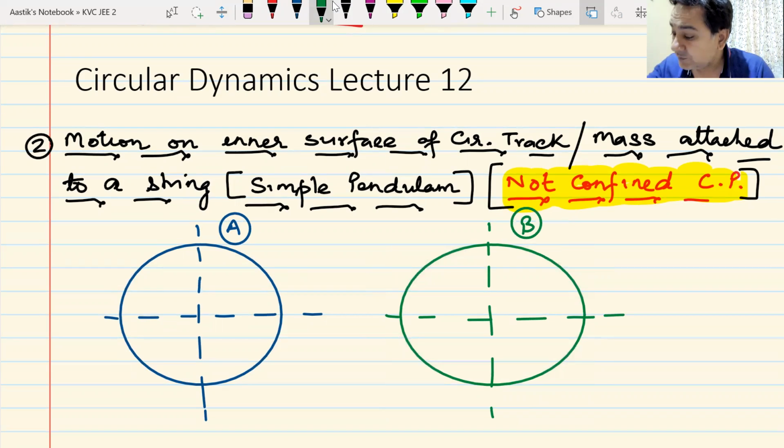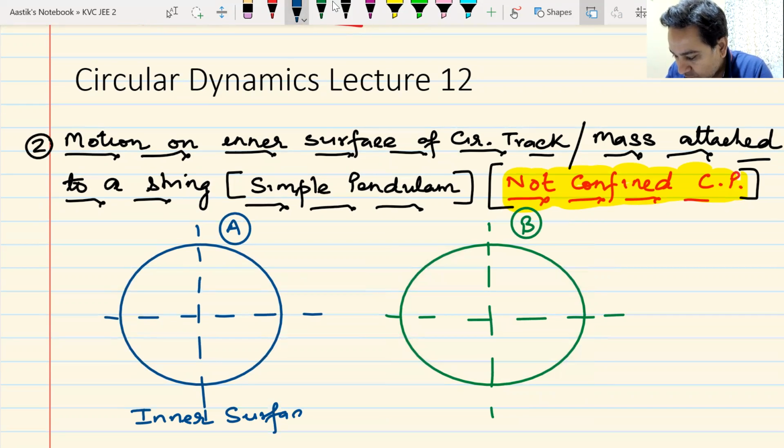Now the blue one is the case of motion on inner surface. Now what is going to happen here? As you can see, the body to start with will be on the lowest point. In the previous case, it was at the highest point.